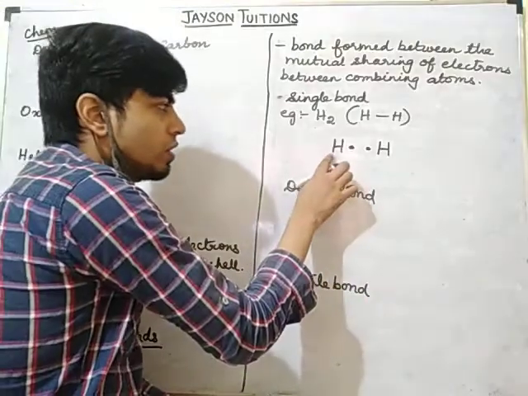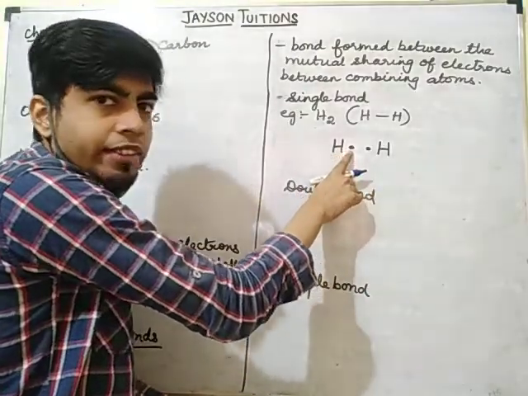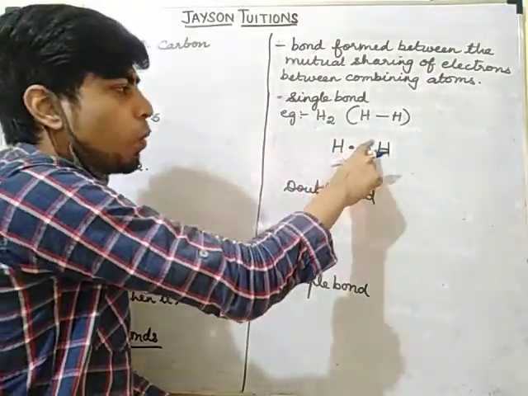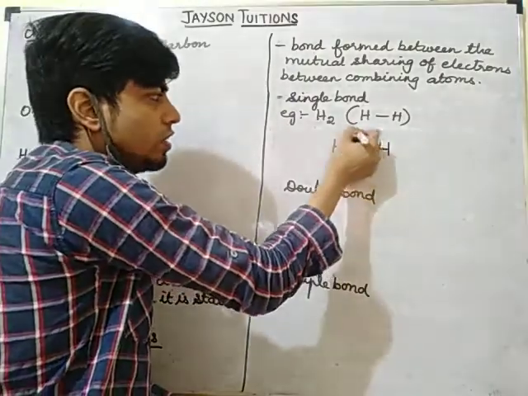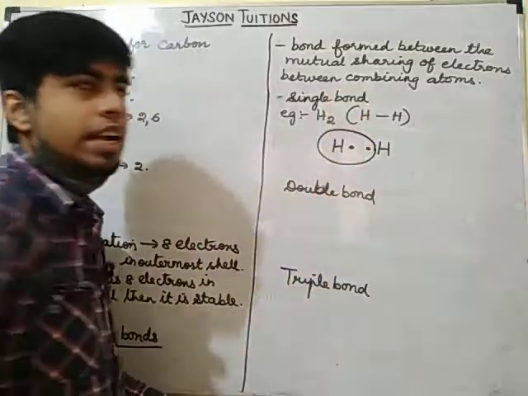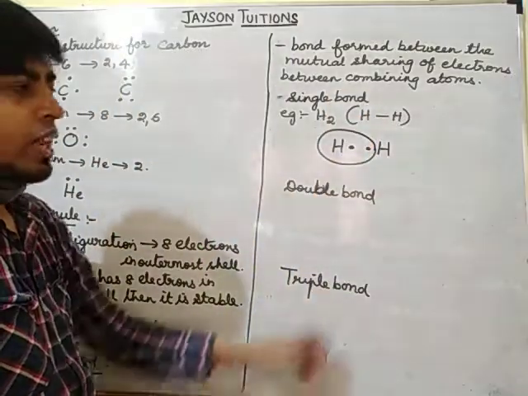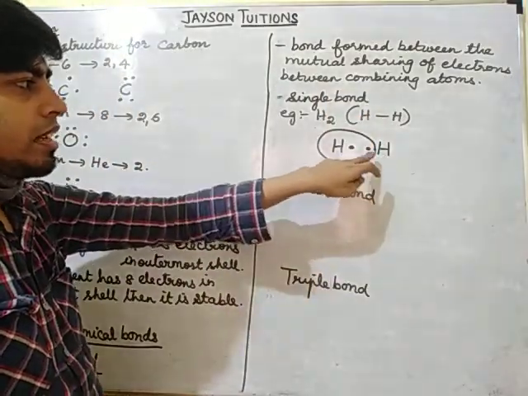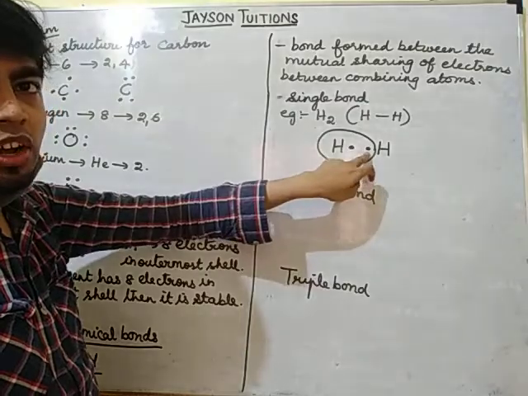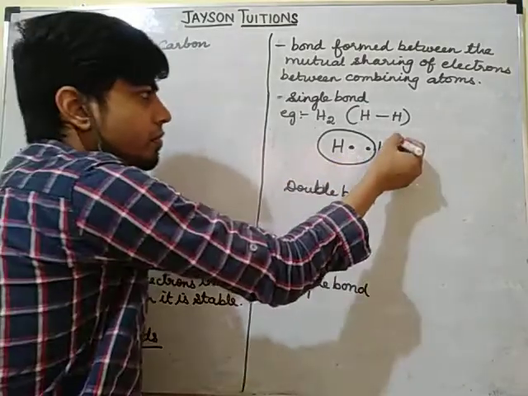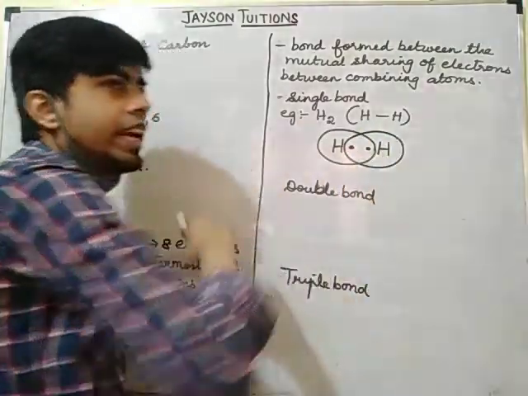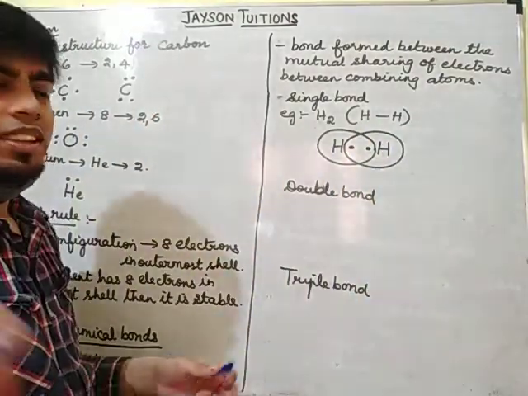This hydrogen already has 1 electron, one more electron it will share from the other hydrogen, so it will get 2 electrons and become stable. What about this hydrogen? It is already having 1 electron, it will share 1 electron from here, so it will get 2 electrons.